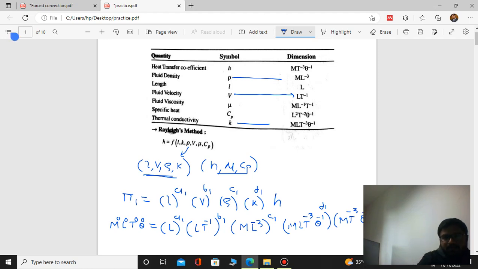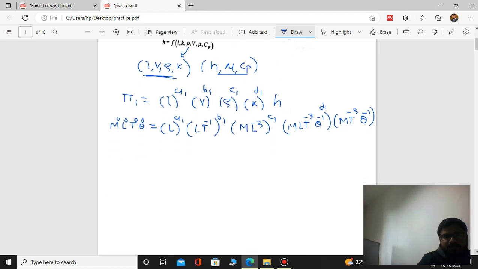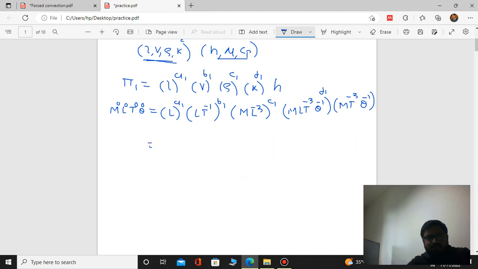Clear? So now we will separate all terms. So first of all we will separate for M. So M, here we have M raised to C1. So M raised to C1 plus, here also we have M, so plus D1 plus 1.